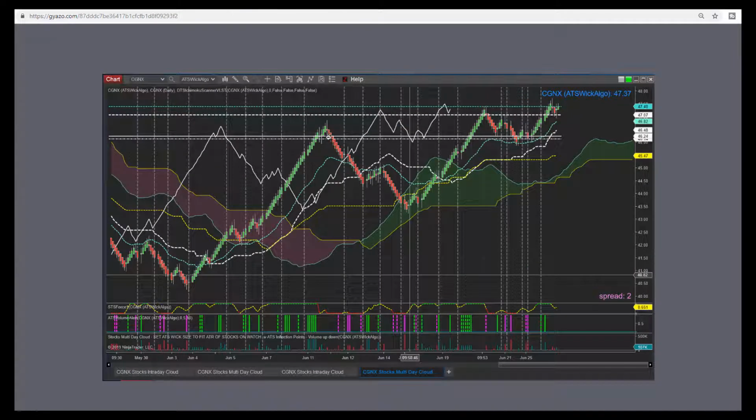The same exact chart is being used on CGNX, which is a lower ATR stock. This is the same exact settings. We're running the 25 ATS wick algo as our candle size, and the lines that are drawn here represent days.